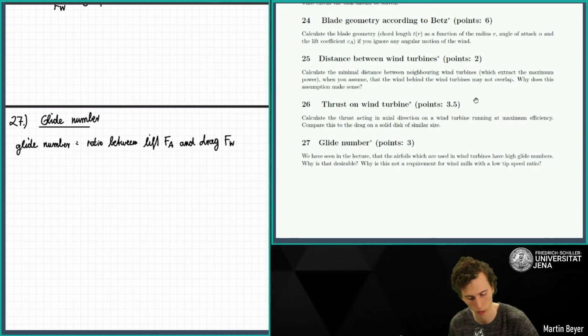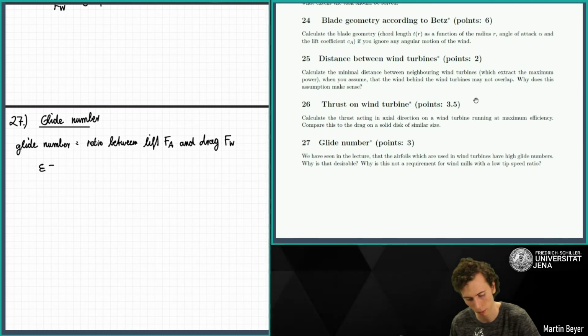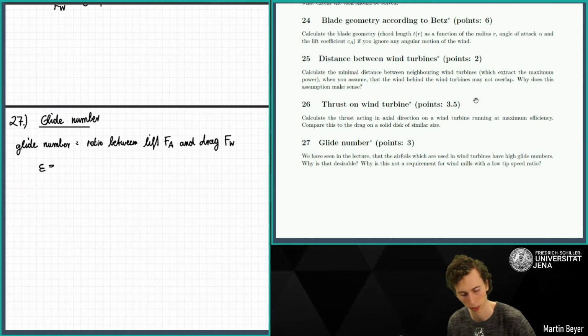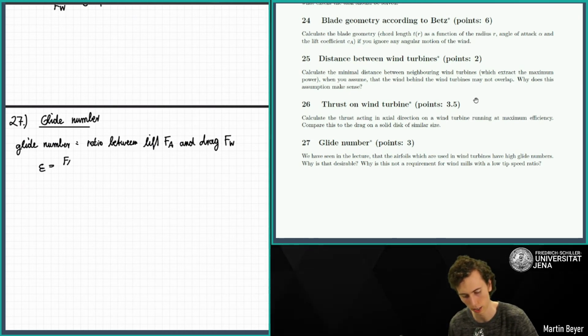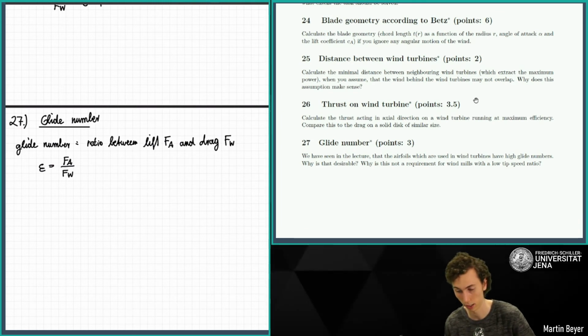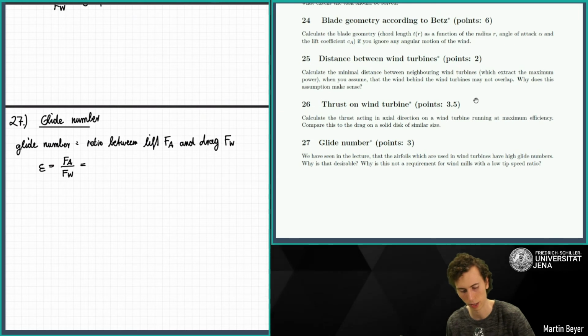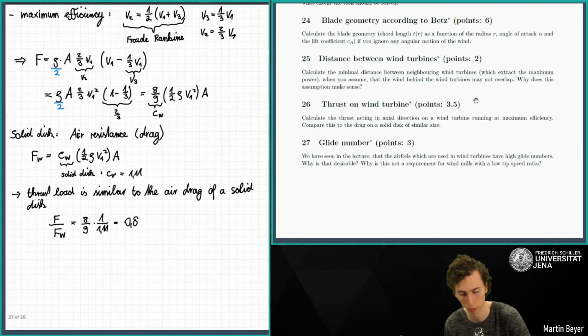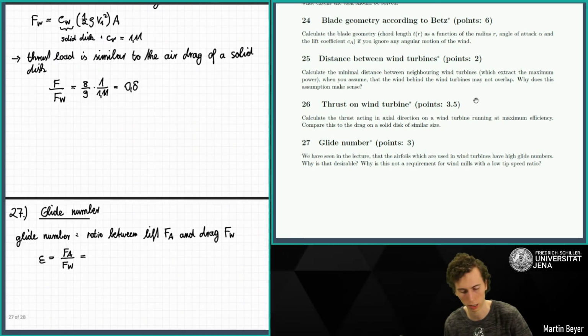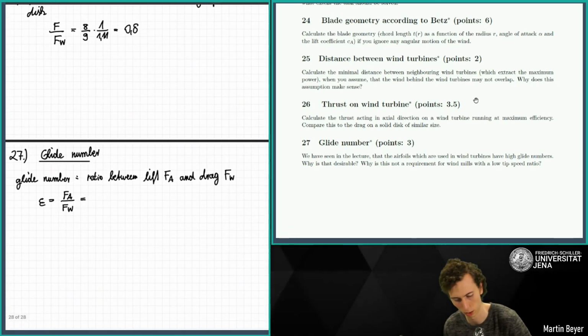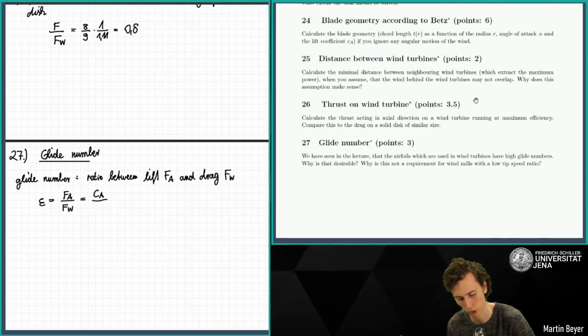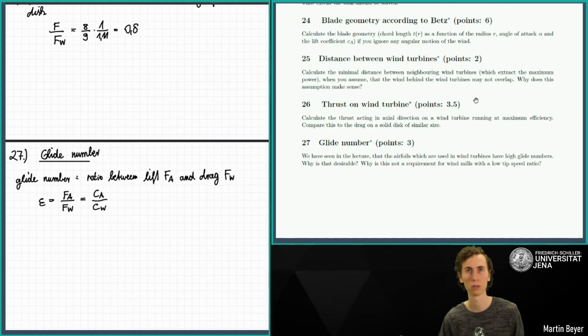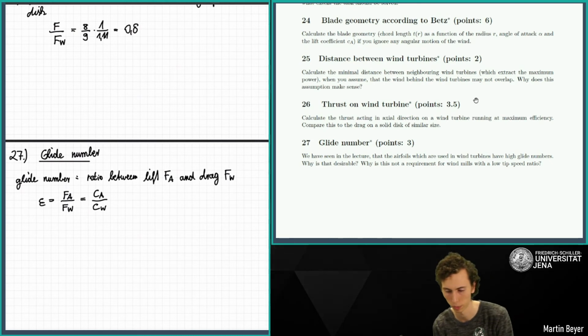And we give it a nice name. We call this epsilon, and we say that lift divided by drag is the glide number, which is, as we saw here, since the stuff behind this coefficient is the same, just the ratio of the lift coefficient and the drag coefficient. So this is the glide number.